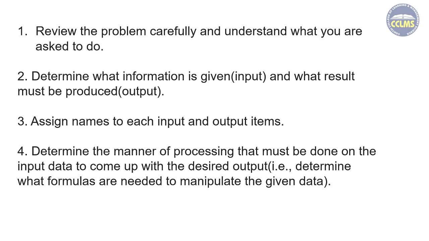And what do we have to find out? We have to find out their addition result. So addition is the output. Here our input is two numbers and the output will be the addition result.